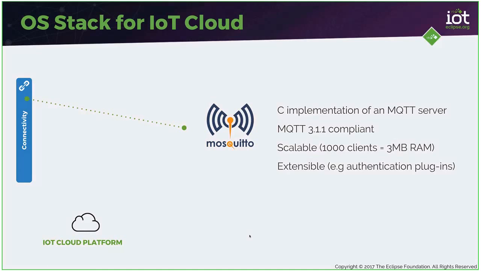It's meant to be really scalable. The footprint is really minimal in terms of memory. 1,000 clients will just eat up 3 megabytes of RAM, so that tells you how easy it is to scale Mosquitto. It's a C implementation. It's also meant to be very extensible.